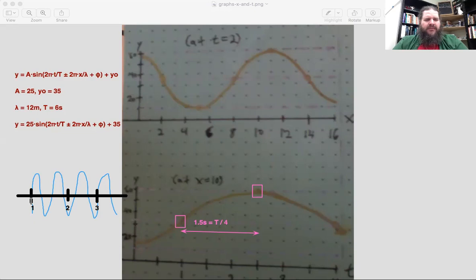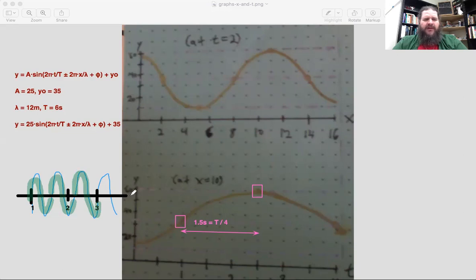Maybe this is like 1, 2, and 3. In a case like that, it can be difficult to pin down one full cycle, because one full cycle would be something like this. And that can be difficult to measure. But if you look at this in terms of several cycles, we can say, for instance, we've got one full cycle, and then another full cycle, and then another full cycle.